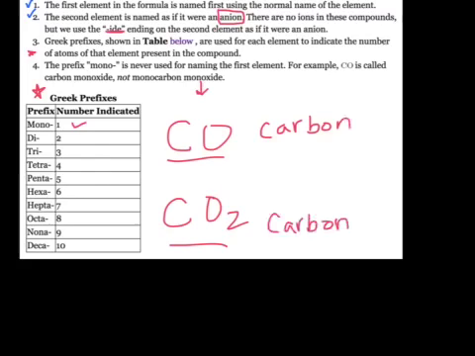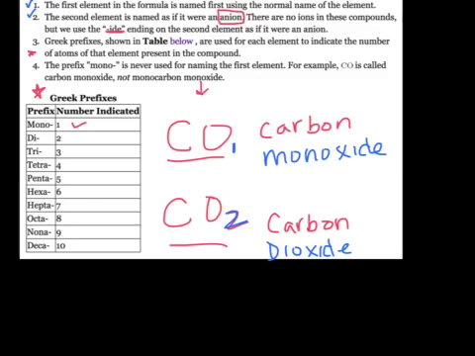But now we know there's 1 oxygen here, while down below we have 2 oxygen. Now we need to add the prefixes: monoxide versus dioxide.